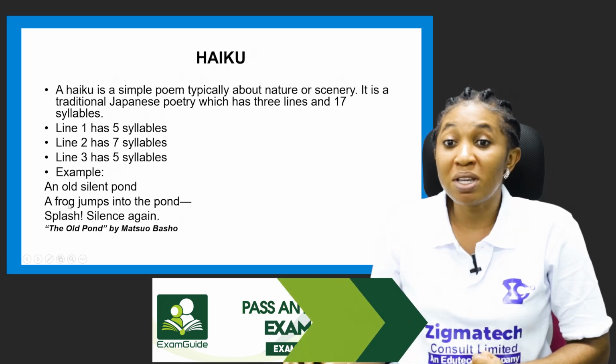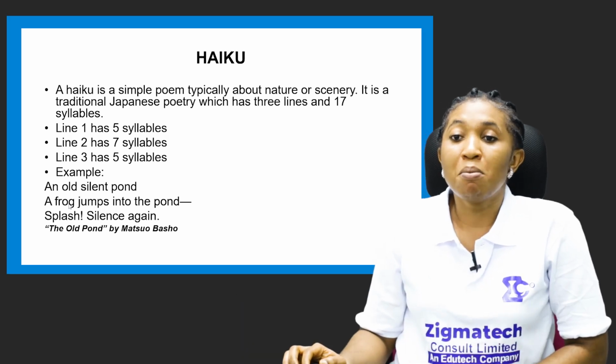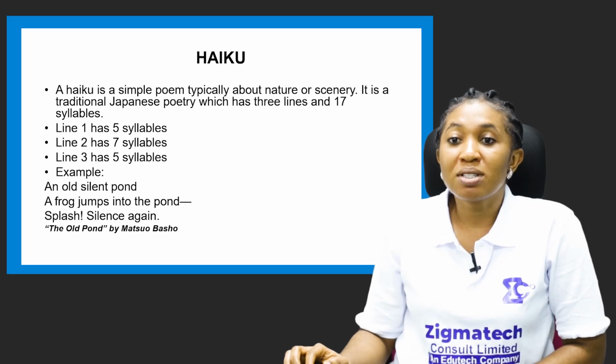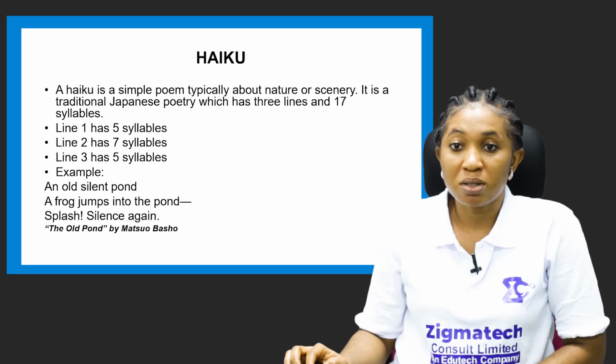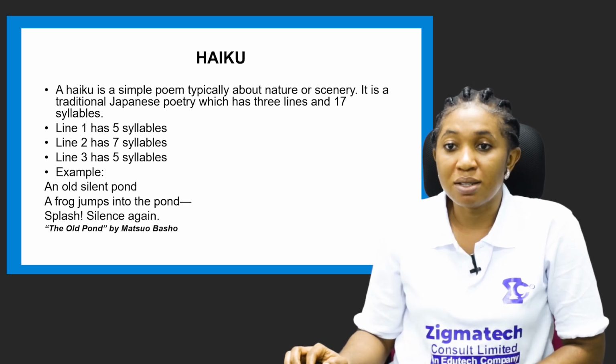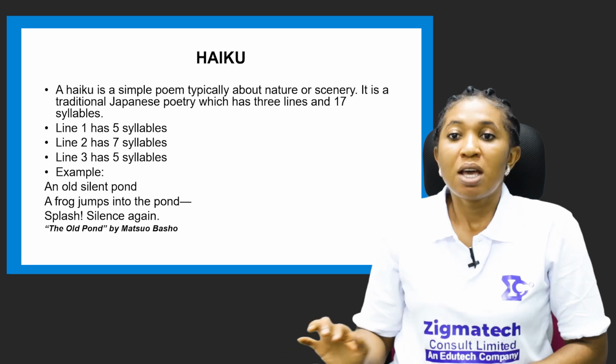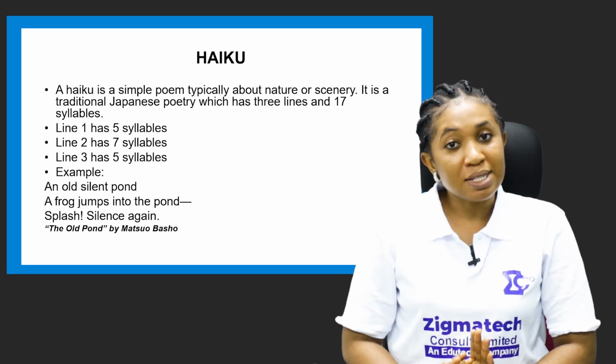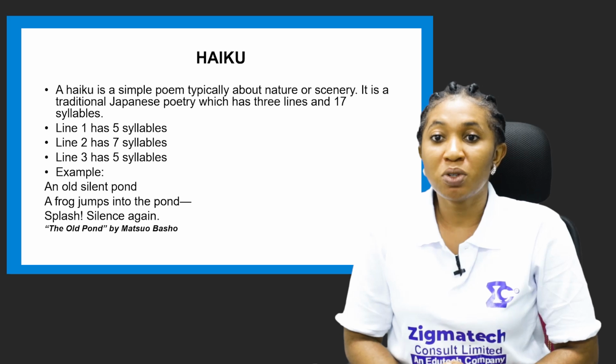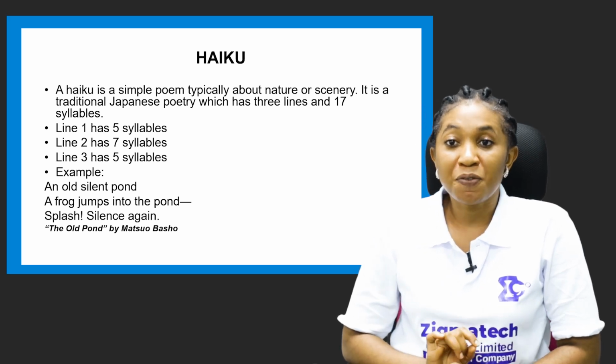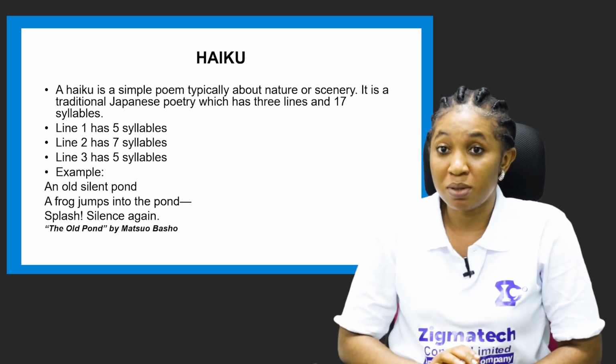When you look at the example, the title of the poem is The Old Pond by Matsuo Basho. It says here, an old silent pond. A frog jumps into the pond. Splash, silence, again. Now, if we look in depth at this poem, we'll see that the first line has 5 syllables.